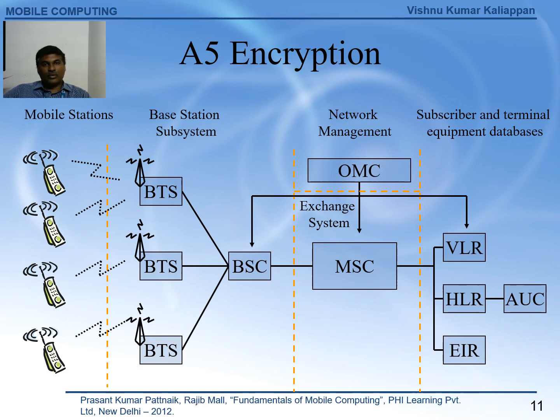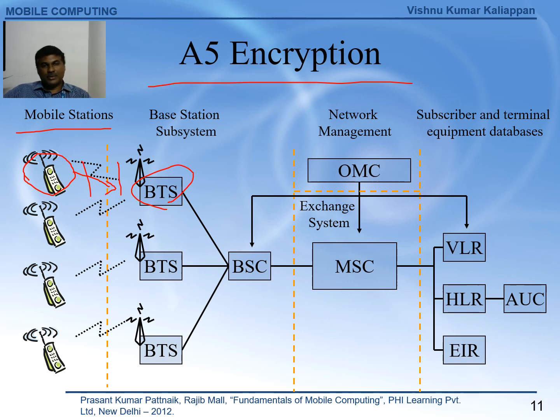So this is the overall picture of how the A5 algorithm works with the VLR, HLR, and EIR. Here you can see the mobile stations, where you have multiple mobiles directly connected to the BTS, where all the processes we discussed in the previous slides happen. This is the transmission module, here you have the SIM, and here you have the A3, A5 and A8 algorithms running on it.